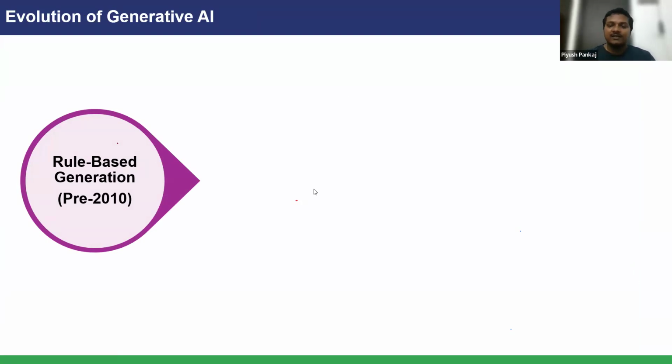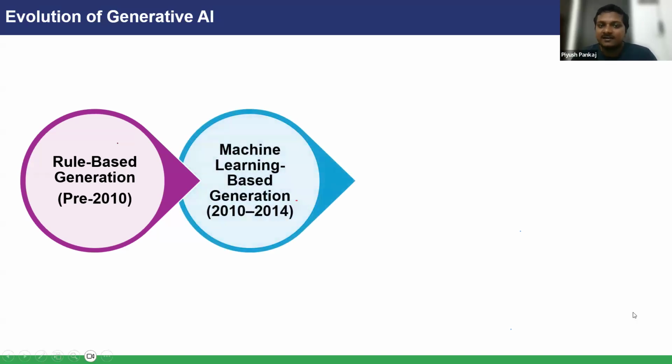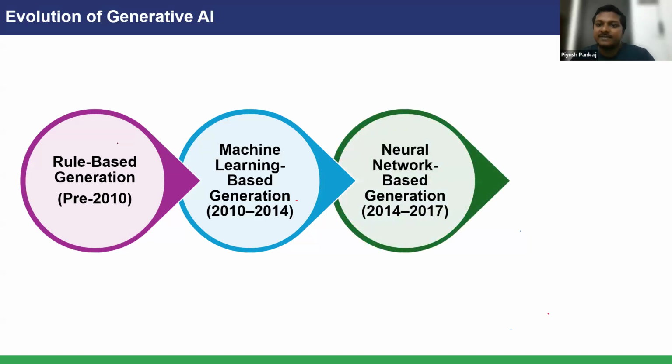All right. So if we talk about how we evolved, I have already discussed this with you. But in short, first of all, we had rule-based generation pre-2010. Generative AI was there, but not implemented everywhere. Then we had machine learning based generation, from 2010 to 14. Then we had neural network based generation, the time when we implemented deep learning.